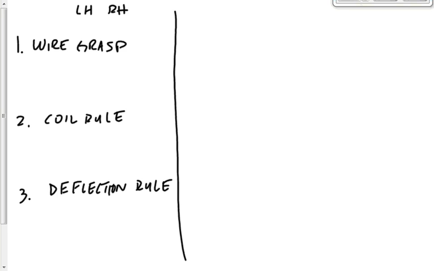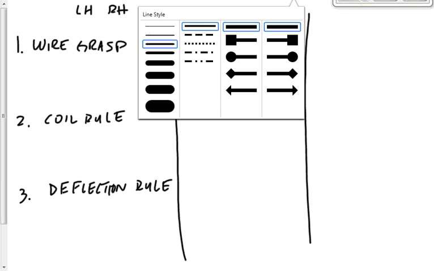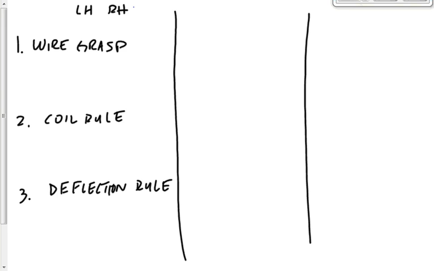Now, the wire grasp rule. What's the situation where we use the wire grasp rule? Now, as confused as we get sometimes, it's actually quite simple. We have a charge moving. Now, that charge may be moving through a wire. It may not be. We may have an electric current.